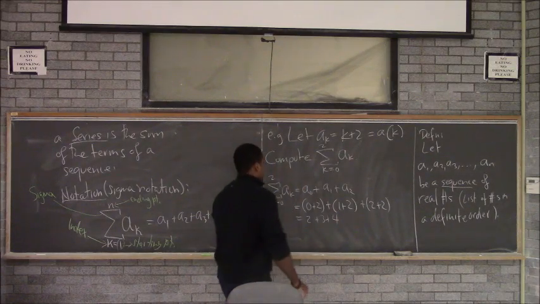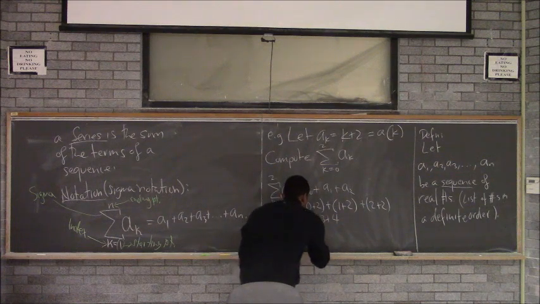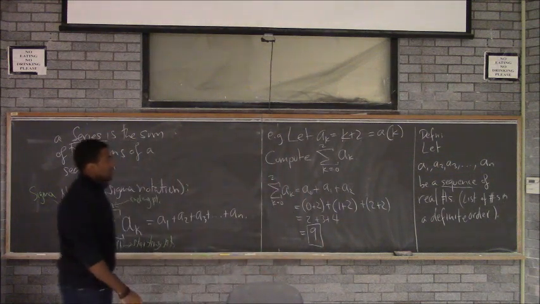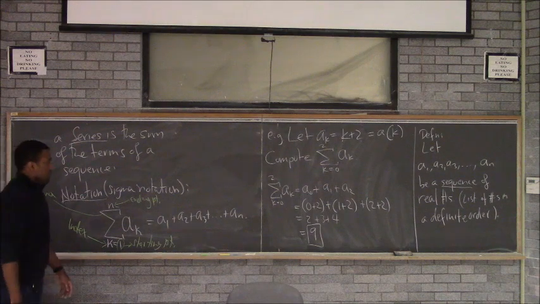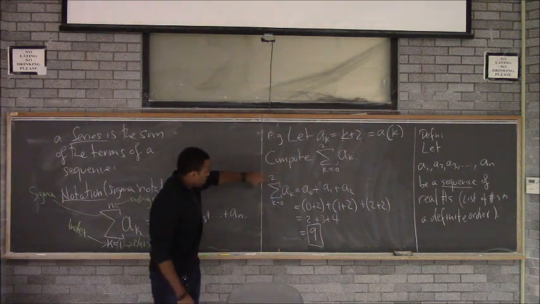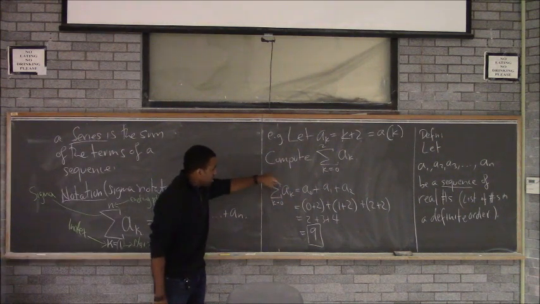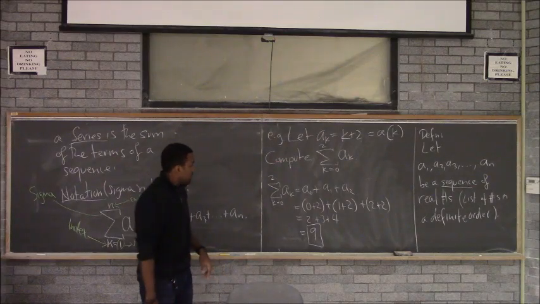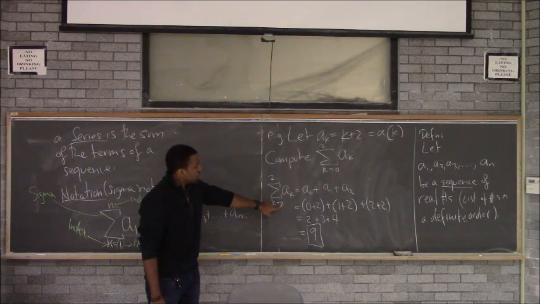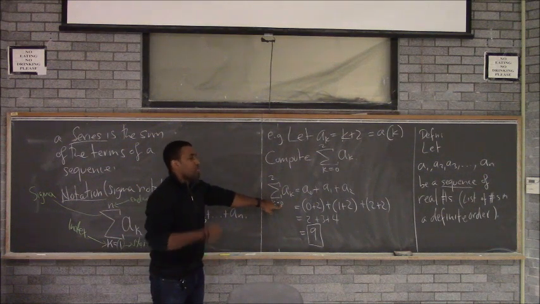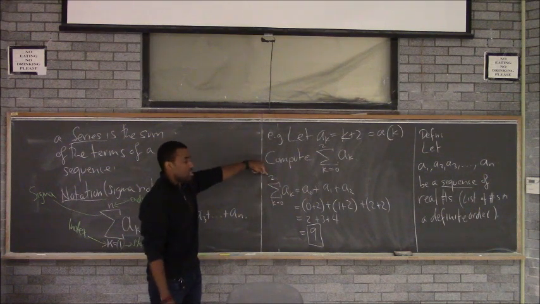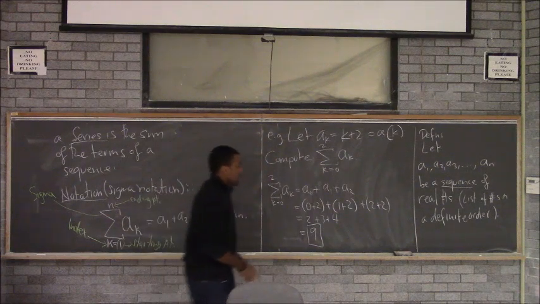And that would be 9, the answer to that is 9. So this notation here just basically means I'm adding up a certain number of terms, which starts by me plugging in the bottom number, adding it to when I plug in the next number and the next number and the next number until I hit this number, and then I stop.